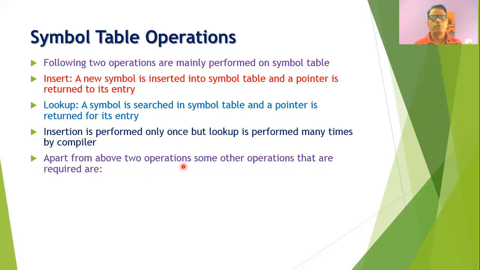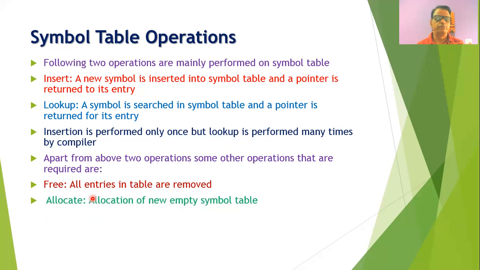Apart from these two operations, there are certain other operations that also can be performed on the symbol table. Say, for example, it is required that we need to remove all the entries from the symbol table, and this operation can be called a free operation. Also, we can allocate a new empty symbol table for a source code, and this is called allocate. Also, it is necessary to access the attributes of the symbol.